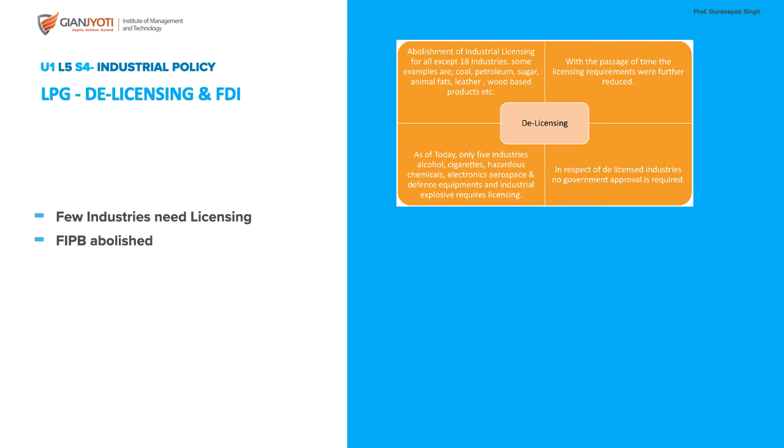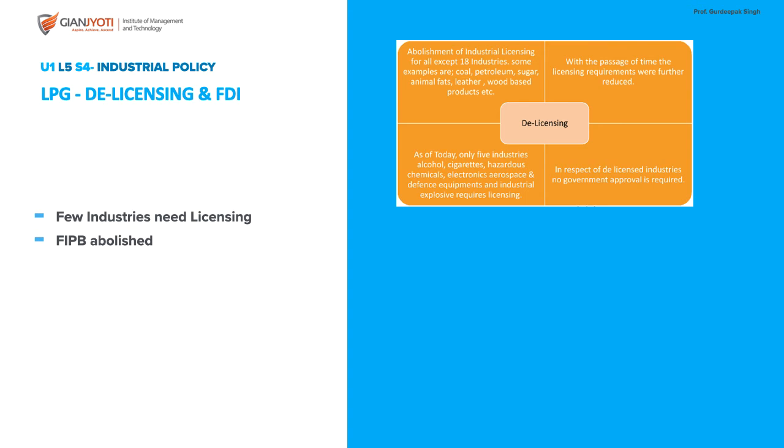So what the government did in 1991, they abolished the industrial licensing for almost all industries except 18 industries. And some of the examples where they have kept the control or licensing in the hands of the government, the industries were coal, petroleum, sugar, animal fat, leather, wood-based products.